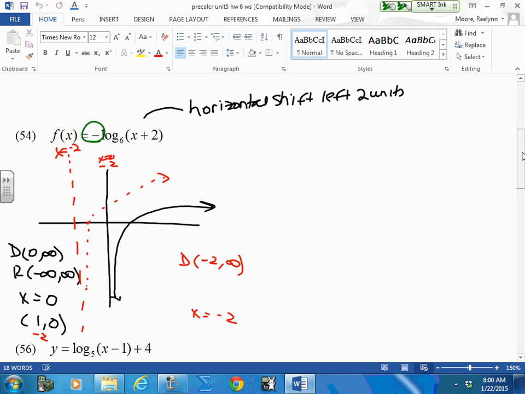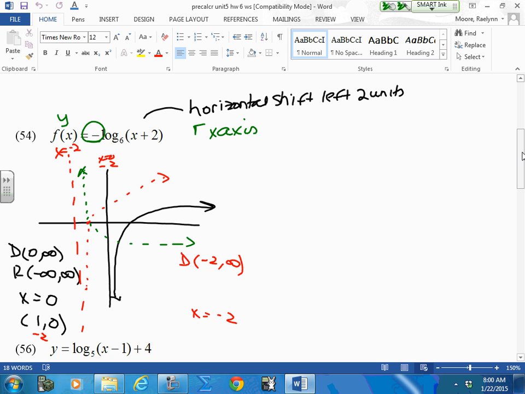Okay, next. You guys just said reflection where? X-axis. Because this negative is not next to the x, it's next to the y. So y is going from positive to negative. I'm going to take this and reflect it. Did it change my domain?